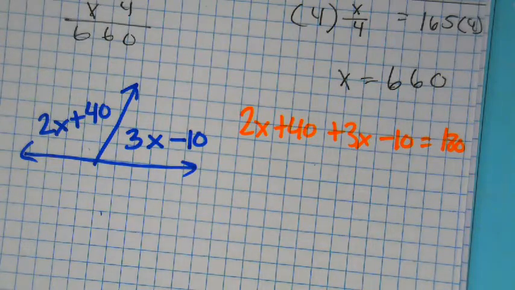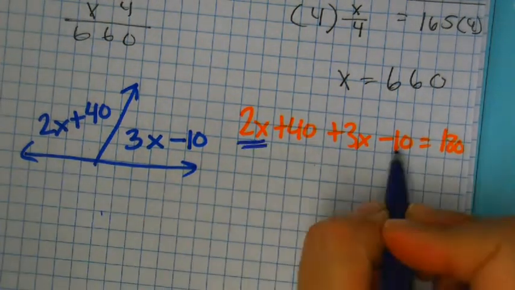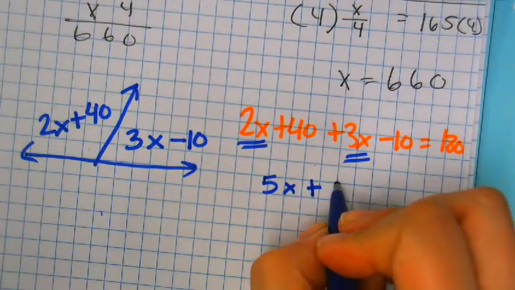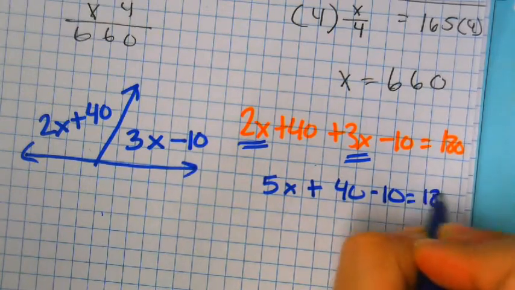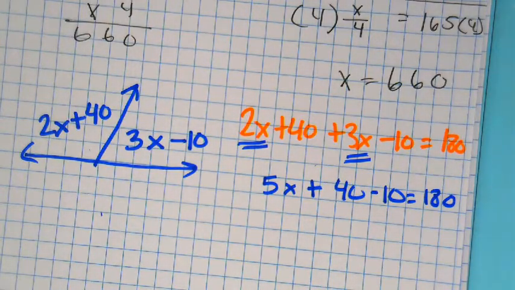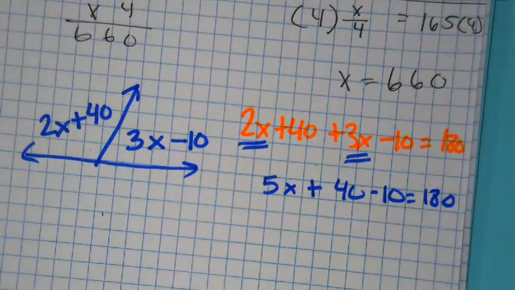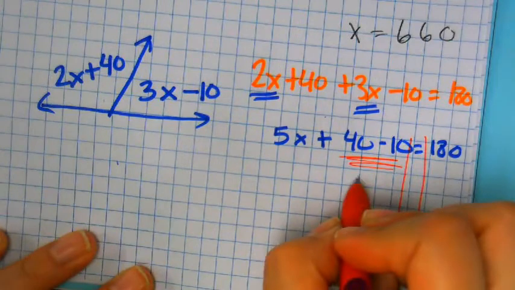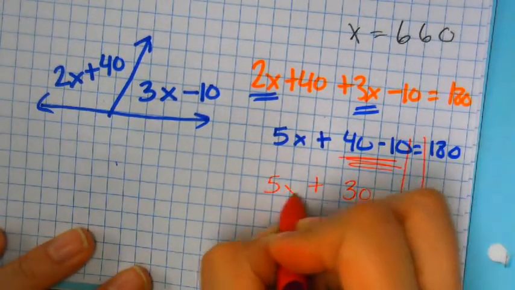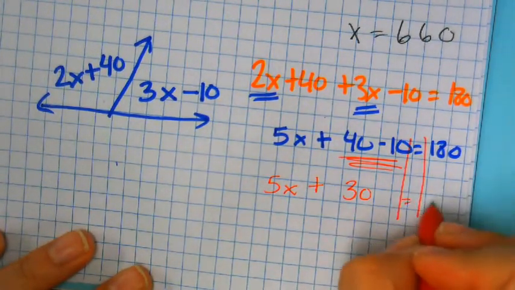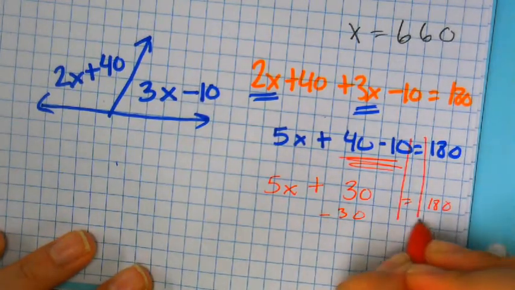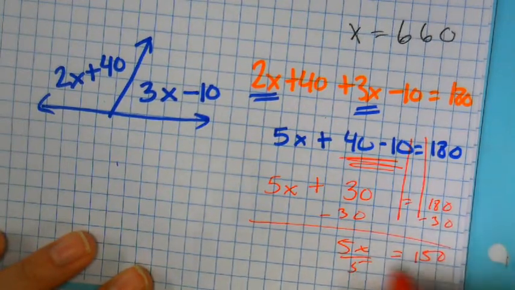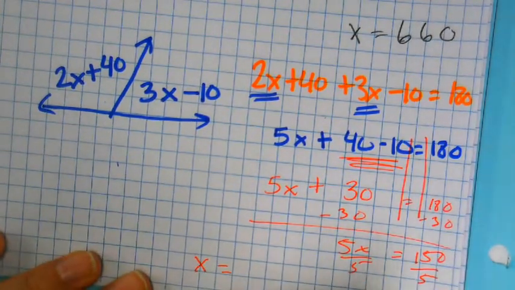You know this. Good. Plus 40 minus 10. Yes. $30.